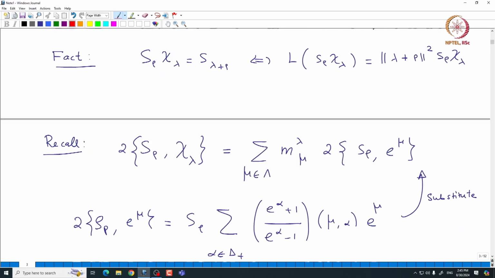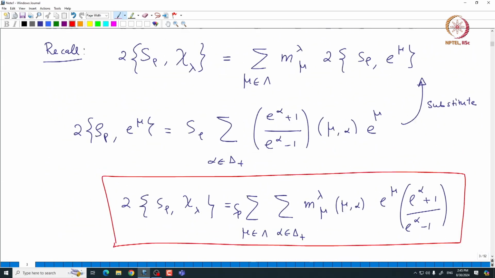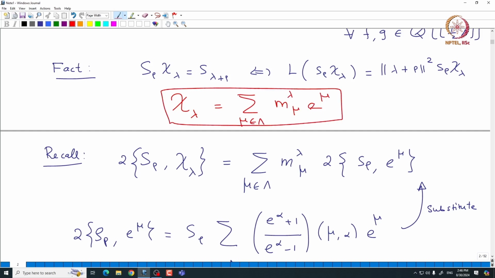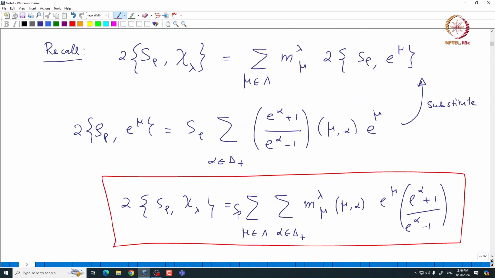Recall that chi lambda can be written as the summation of the multiplicity m lambda mu times e power mu, where mu comes from lambda. That is why we are getting this formula.